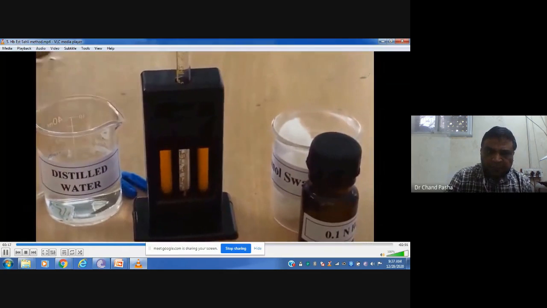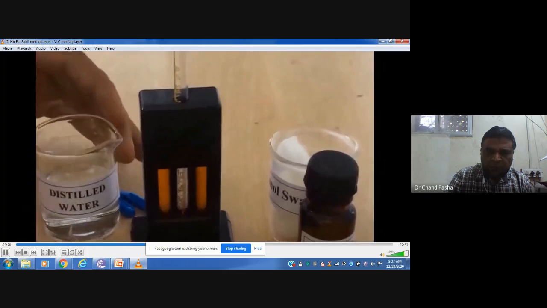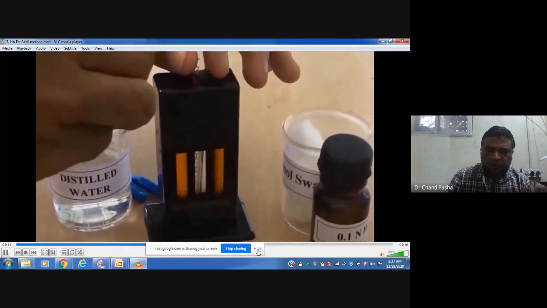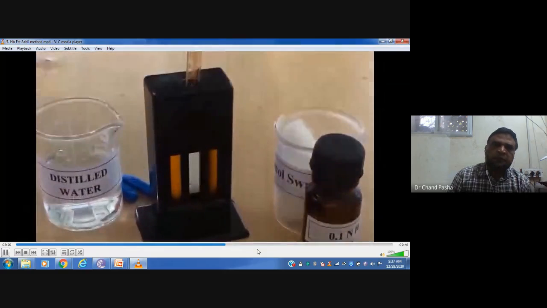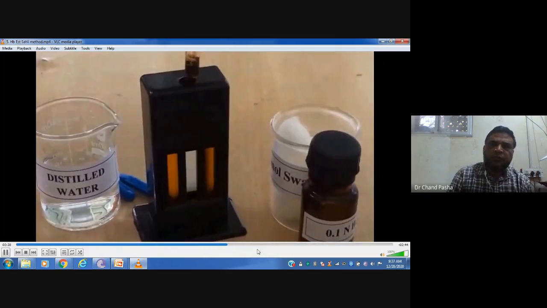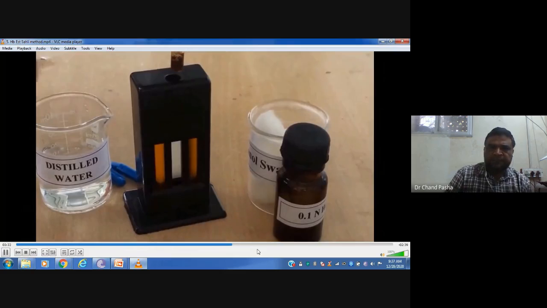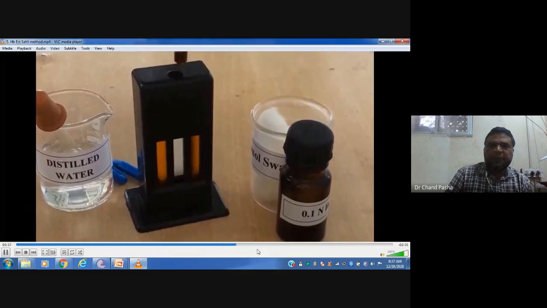Allow it to stand for 10 minutes. Now you should make up with water, so that the color is matched with the adjacent reference standards. It is dark brown in color now, and we should get a paler color.